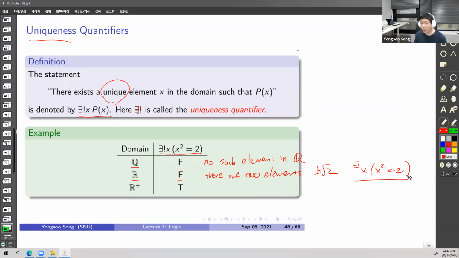Then this proposition becomes true when the domain is the set of real numbers, because it doesn't matter how many elements satisfy this condition, but it is important that at least one element satisfies it. So this is true, but this is false. And finally, if the domain is the set of positive real numbers, then this proposition becomes true because there exists one and only one element, the square root of 2, satisfying this condition.